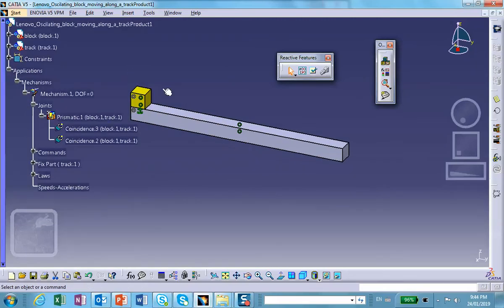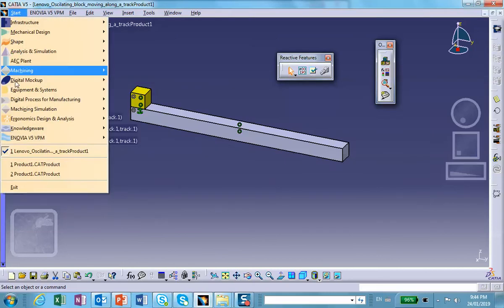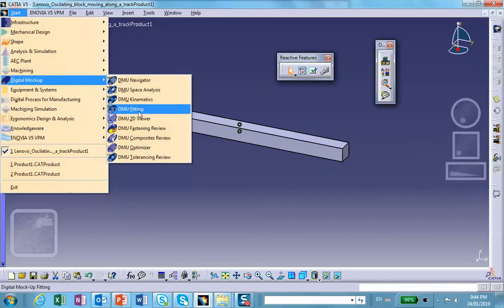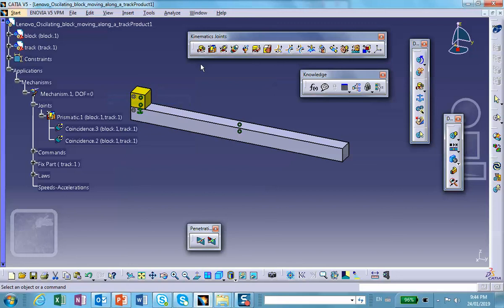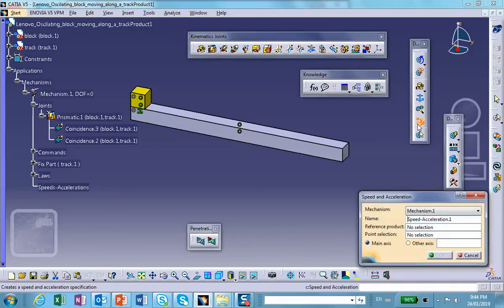Okay, so now we're going to test our mechanism. In order to do that, why don't we actually go and create a speed acceleration sensor at this point, and we better recover for displacement. We better recover the same thing that we had in our PowerPoint slide. So speed acceleration sensor right there.